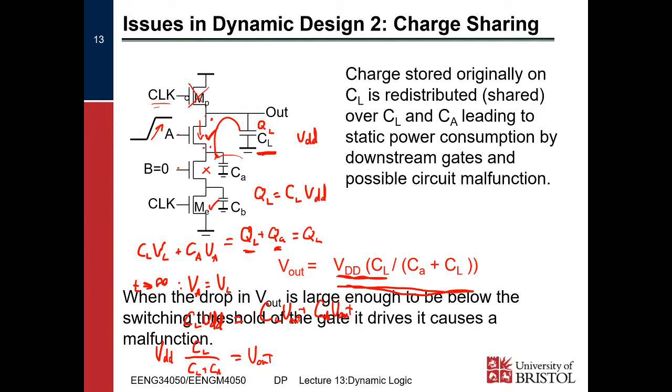If we've got enough capacitance down here to drop V out to be less than Vm, which is Vtn, right? The midpoint, which is our threshold n, then our circuit will malfunction. So we need to make sure there's not too much capacitance which is connected down here, which it could then discharge into, right?